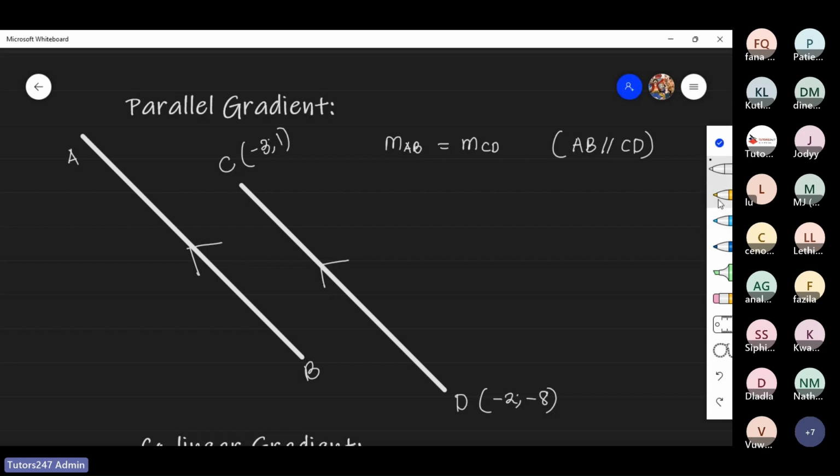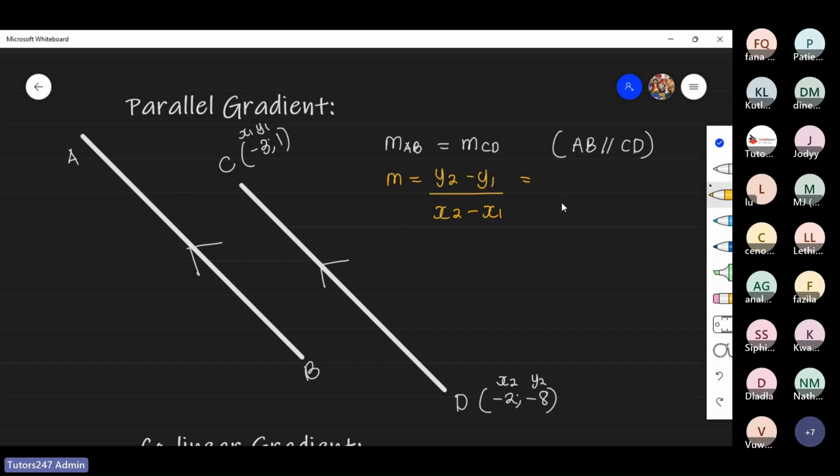So let us do that. So we are going to start by calculating the gradient CD. So we have our formula, which is y2 minus y1 over x2 minus x1. From there, we can substitute. So before we substitute, let's label. I'm going to make C my x1 and y1, and I'm going to make D my x2 and y2 values.